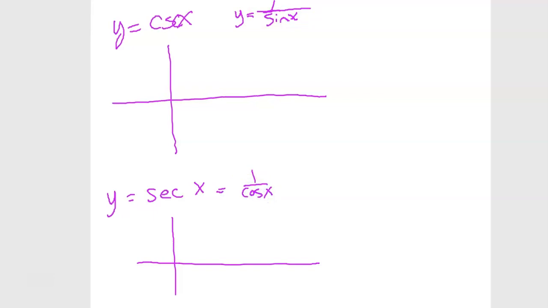So let's refresh our memory on what the sine function looks like. The sine function looks like this. And remember, it goes at 0, 0, and then at 90 it's at 1, and back down to here. That's what the normal sine function looks like.